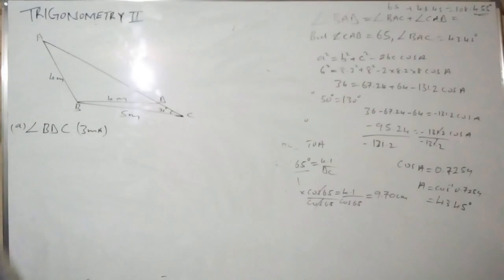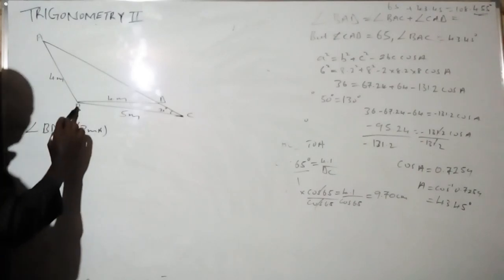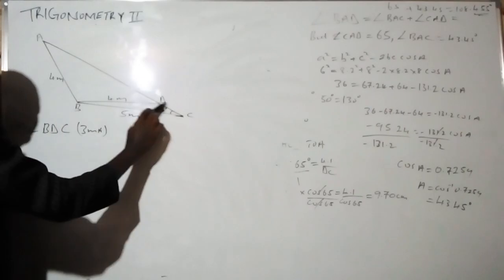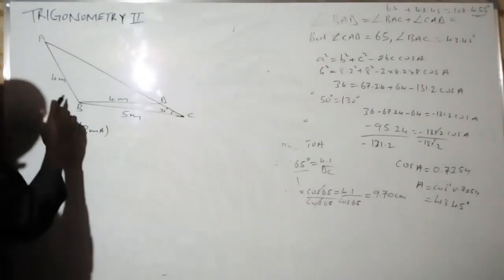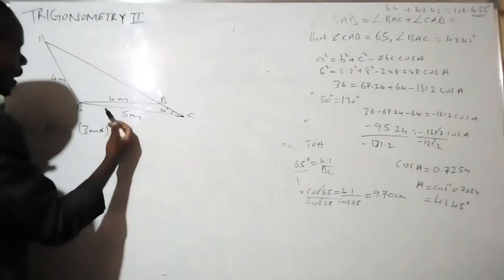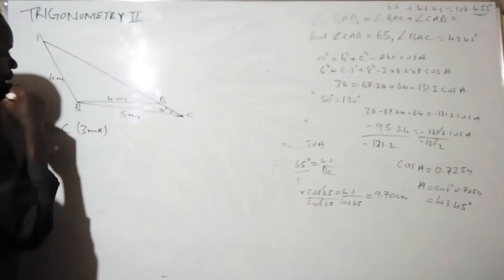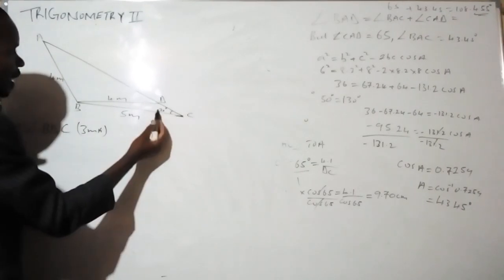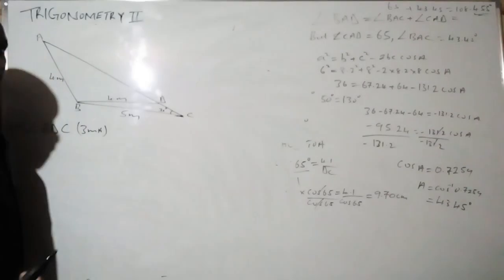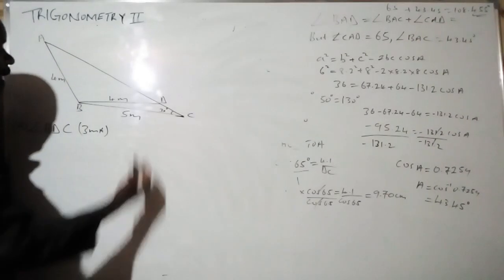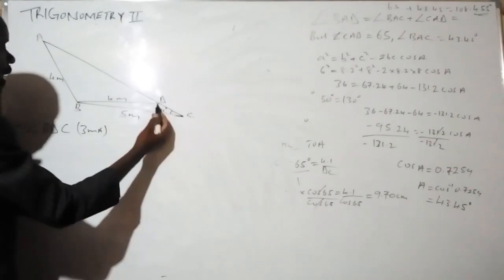We try to interpret BDC. Here what you are going to do: we can use this side. This angle goes with the opposite side 4. We can use the sine rule. This angle goes with the length BD, and this angle here that you are supposed to compute, BDC, goes with 5.